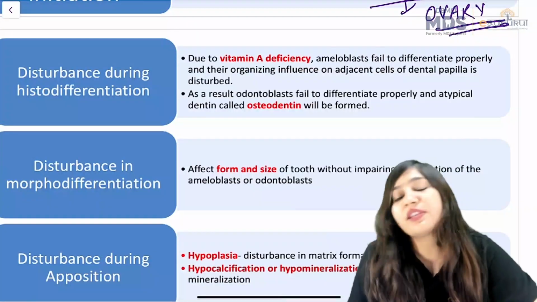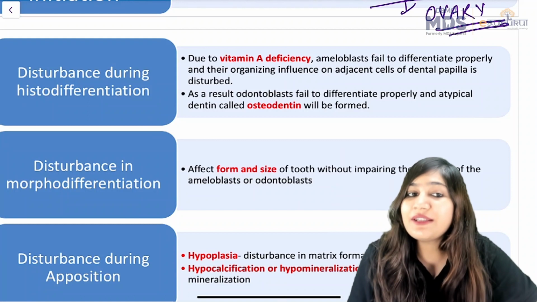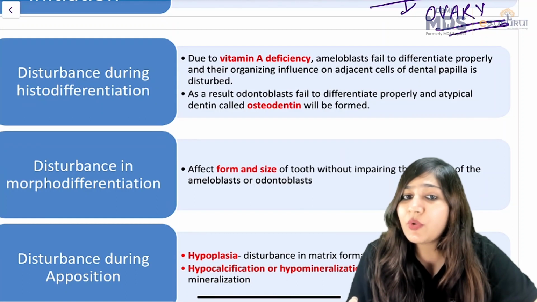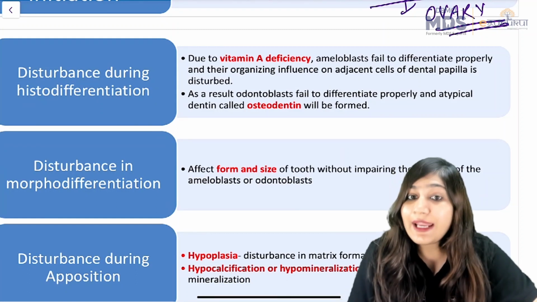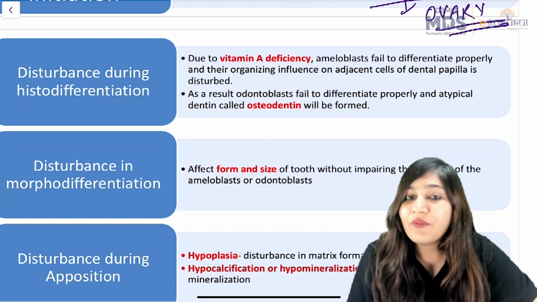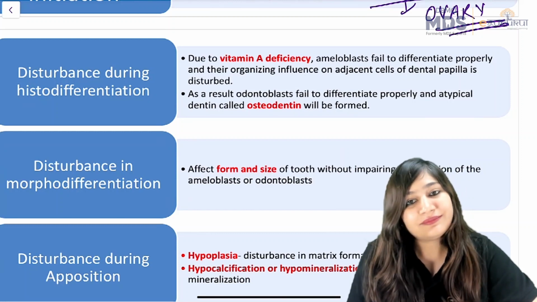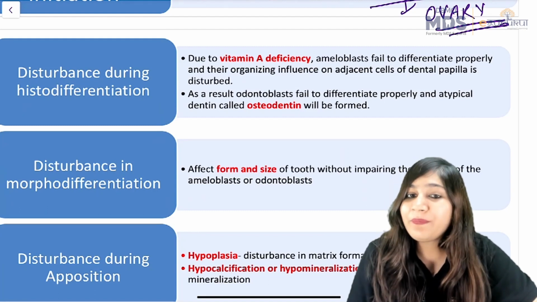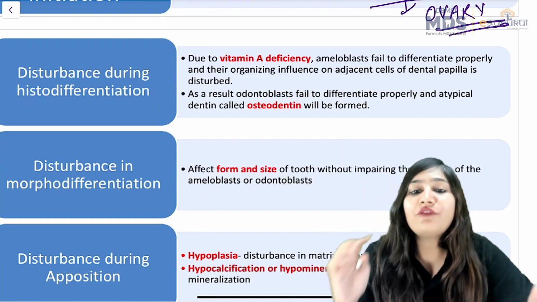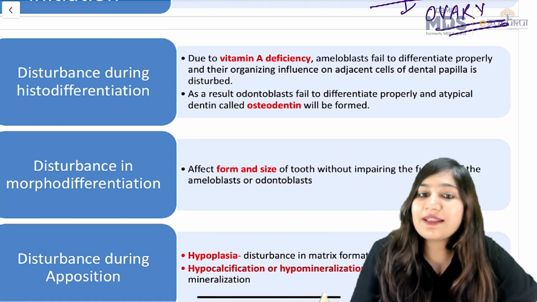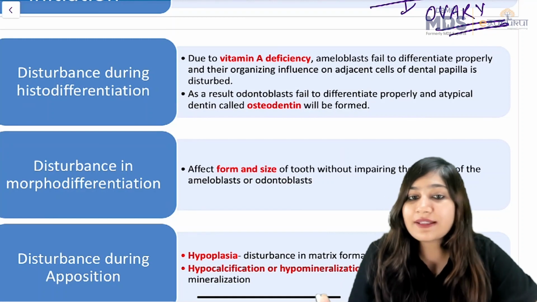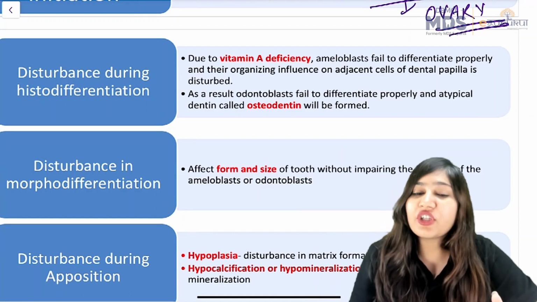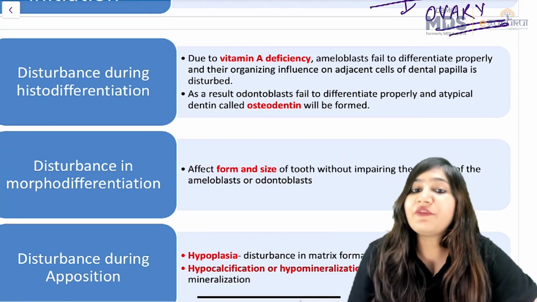If there is disturbance in histodifferentiation stage, it might be due to vitamin deficiency. Vitamin A deficiency leads to what? Poor differentiation of ameloblast cells. And we all know that for dentine formation, inner enamel epithelial cells provide signals, and if ameloblasts are not properly differentiated, they will not provide proper signals for differentiation of dental papilla cells, which form odontoblasts.